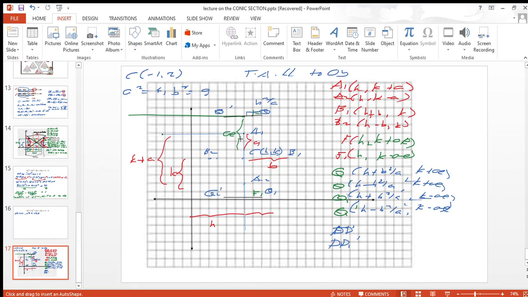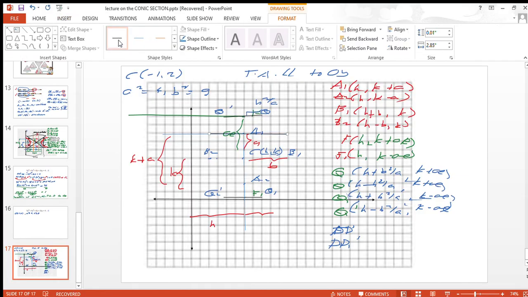Let's take the rectangle that will be formed from A1 through A2 through B1, B2. So that's the rectangle.